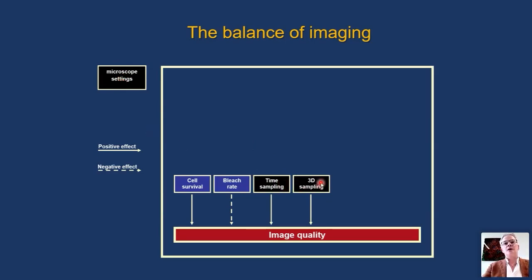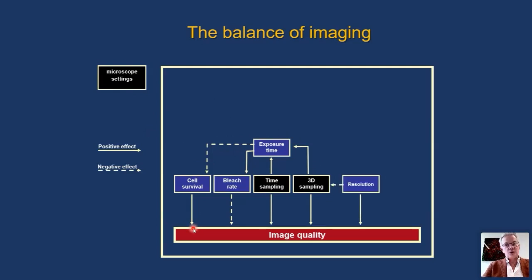And if I look now at the 3D sampling and the time sampling, that means that together they make the exposure time, the total exposure time that the laser is on. And the total exposure time has an influence on cell survival and photo bleaching. The longer the time, the less the cell survival, and that's bad for the image quality.